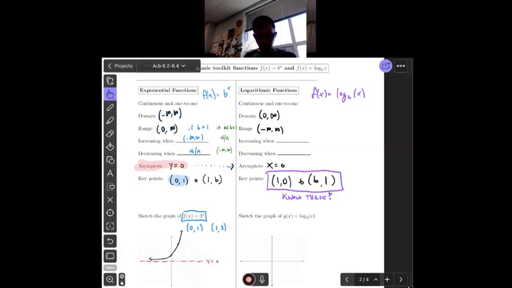I can throw -1 at this, I can throw 0, 1, 2, 3, and get different points out of this very easily just by changing the x value. Knowing which x's are easy to use is much trickier with a logarithmic function. So you really need to know these 2 points as a way of starting your problem. There's really no way to get around that.